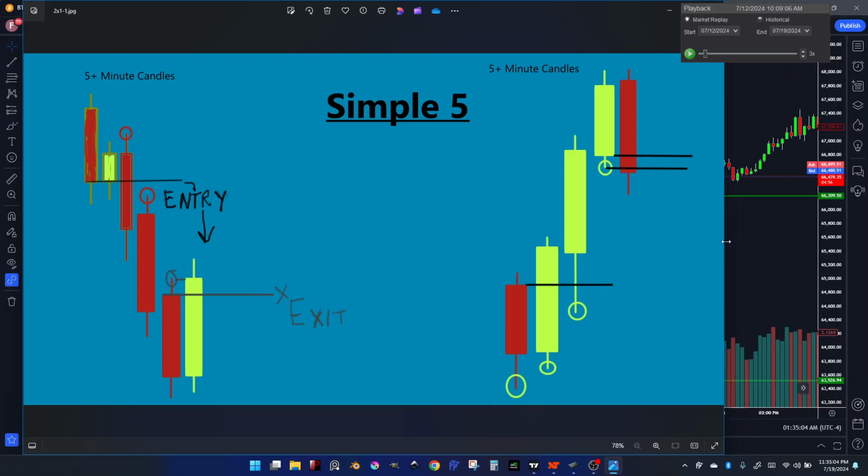I would recommend checking this out and seeing what you could do with it, and just kind of study your chart, look for examples. But this is basically the whole strategy in a picture. Just go between the 5-minute candles all the way up to the 1 hour.